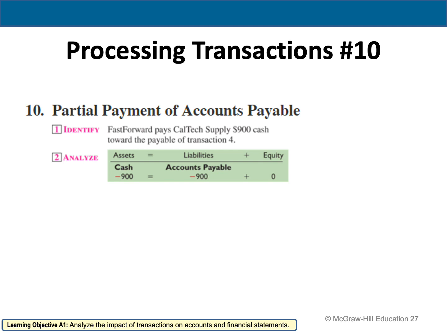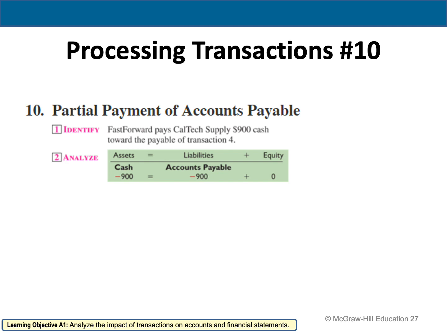The normal balance of the accounts payable is credit. So if the accounts payable increases, it will increase on the credit side, but if it decreases, it will decrease on the debit side. So now the accounts payable is decreasing, which means when I record it, I have to record it on the debit side.